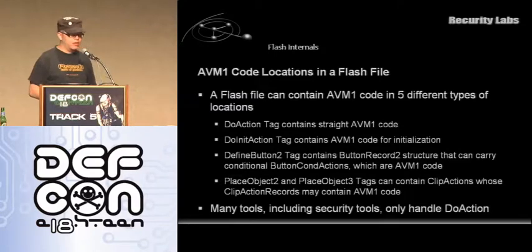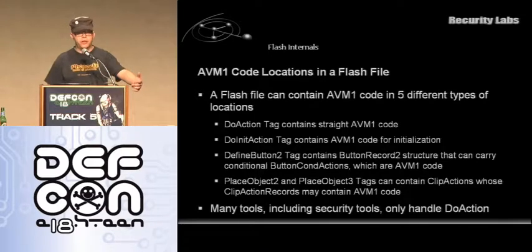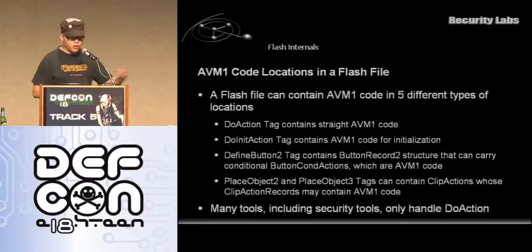If those clipping calculations happen, the asshole can actually have code attached to it that is executed when it gets clipped. Isn't that nice? So you actually have to parse the entire vector graphics definition to get to the code that is executed when someone moves the mouse over it. Many security tools that we found and other tools actually don't parse that part. They only parse the main part that is in the doAction tag. So you can totally smuggle code away.